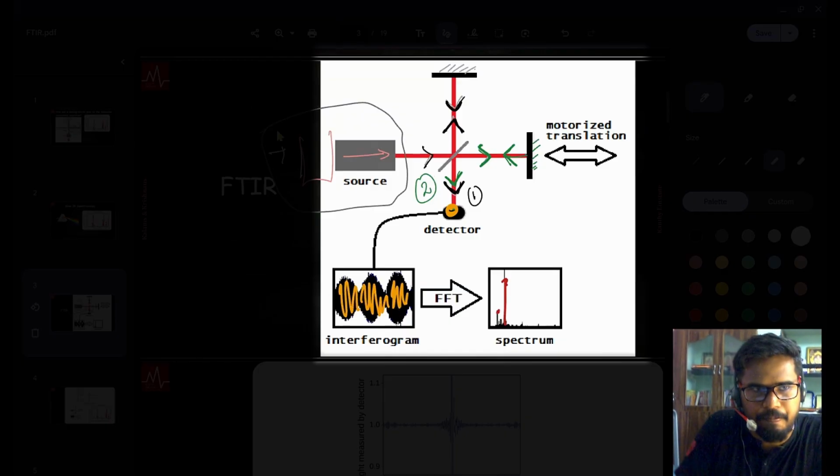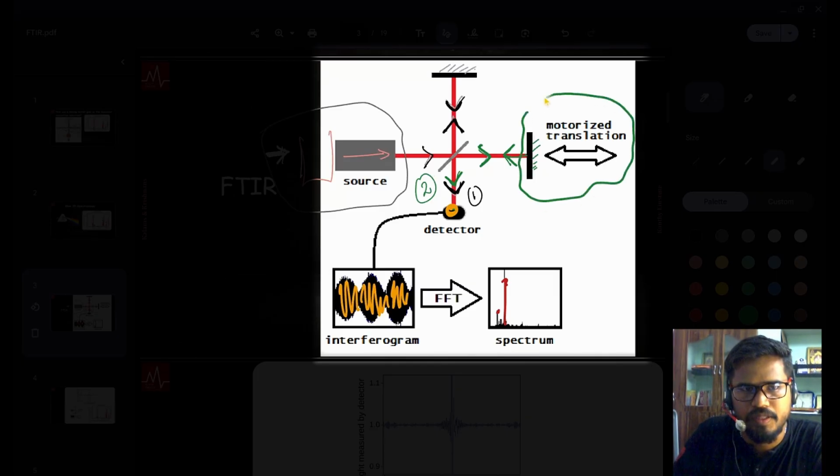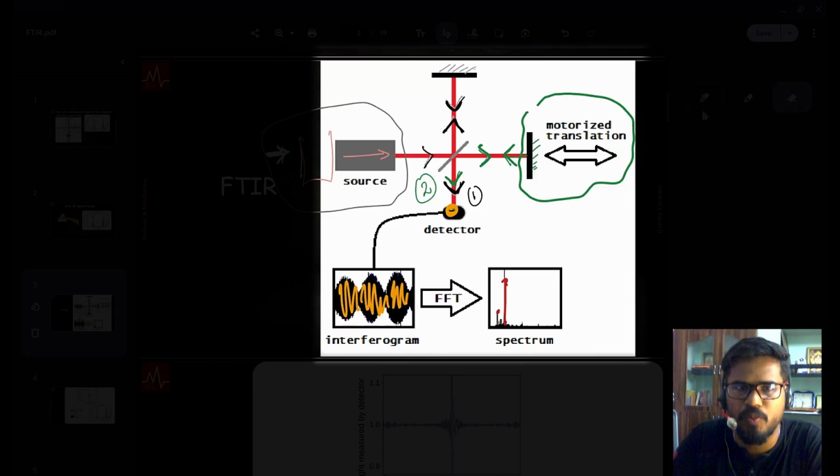Here, you are not doing one wavelength at a time. You are sending the entire light through the sample. So from the source, you just use a beam splitter, and this mirror moves, this translates, this keeps on moving as you obtain the signal.